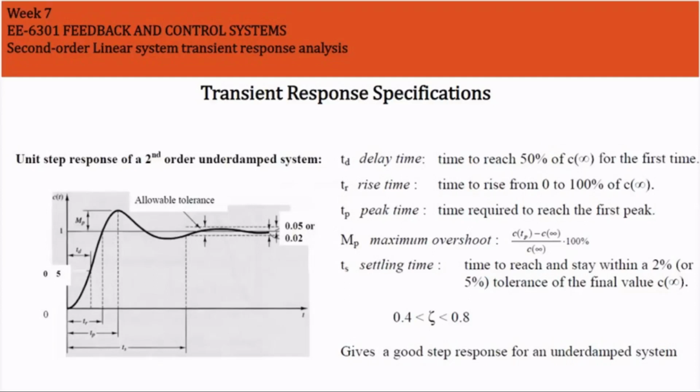As you can see, it has not reached 1 yet, it is still at the exponential rise. This is the time to reach 50% of our C infinity for the first time.